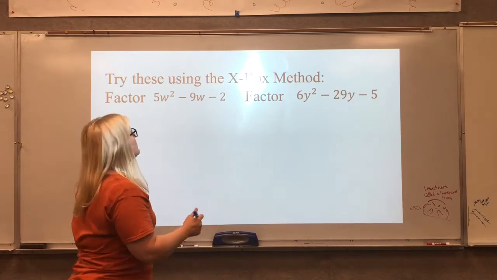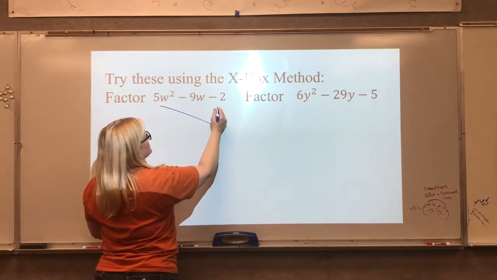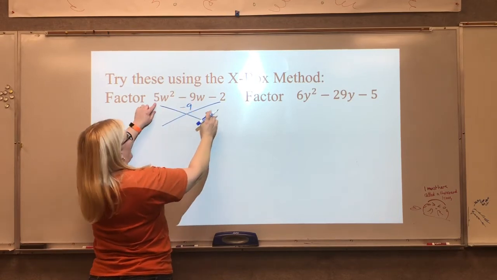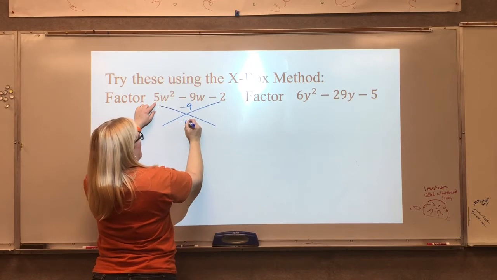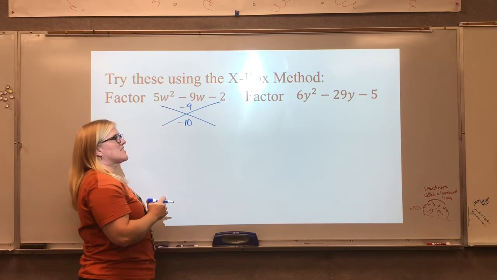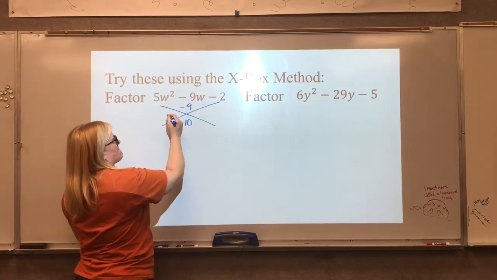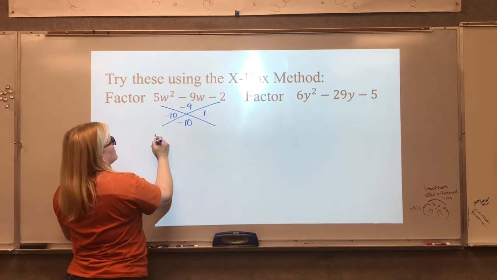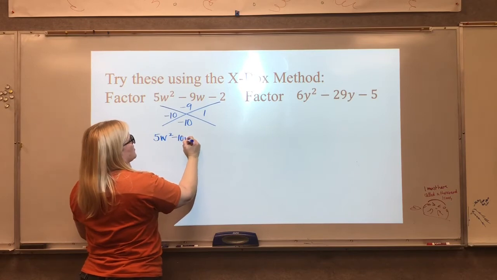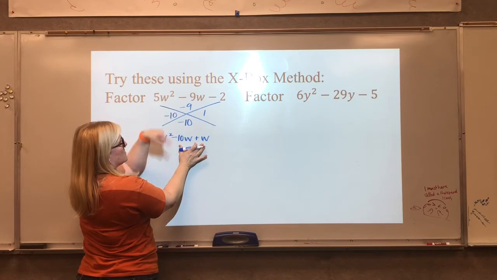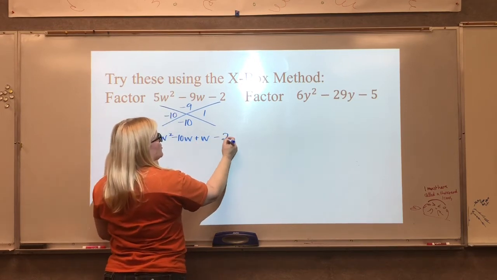Okay, so this first one, we draw our X, we drop down a negative 9. 5 times negative 2 is negative 10. So what multiplies to give me negative 10 and adds to give me negative 9? Negative 10 and 1. So I rewrite this 5w squared minus 10w plus w, there's my negative 9w, minus 2.